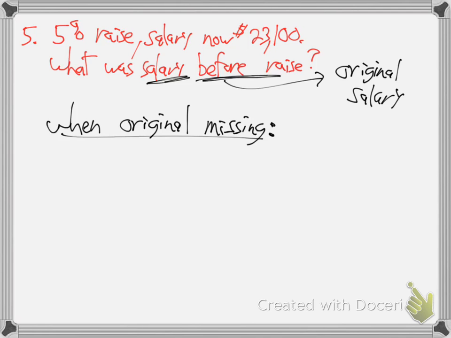The special formula is you take the original times 1 plus the percent equals new. Why don't we use old and new instead of original? The old times 1 plus the percent equals the new.